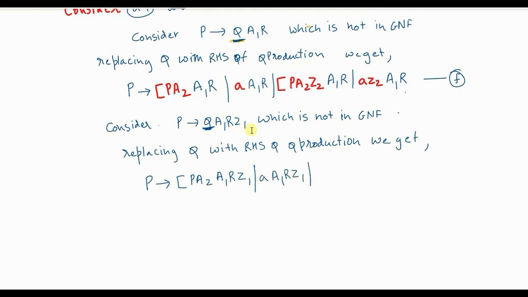Third term of the Q production is bracket PA2Z2, so I will write that, bracket PA2Z2 followed with A1RZ1.